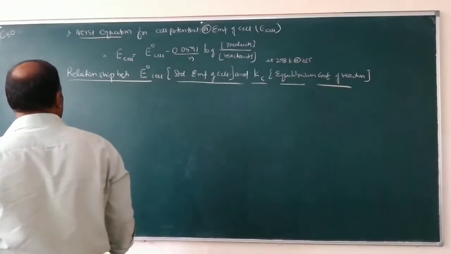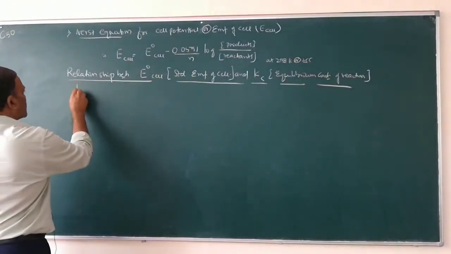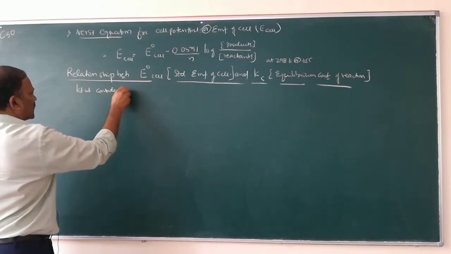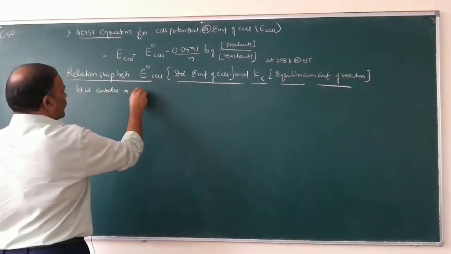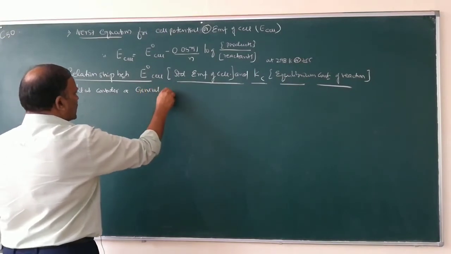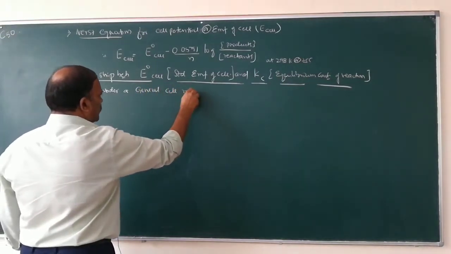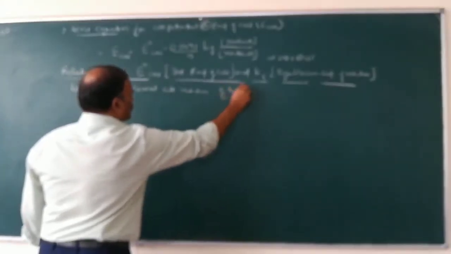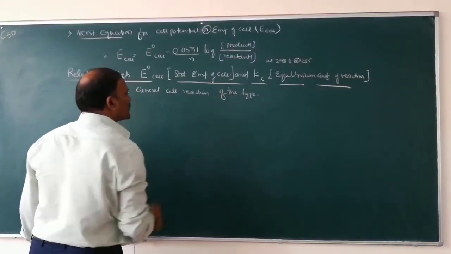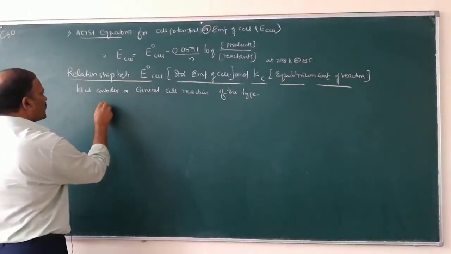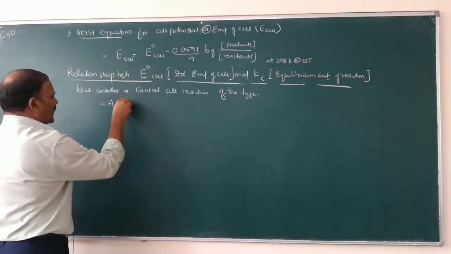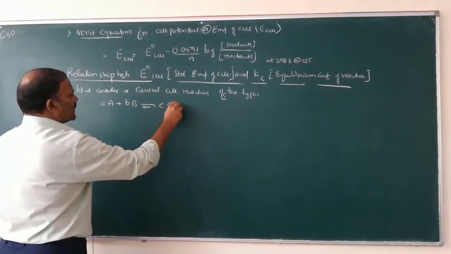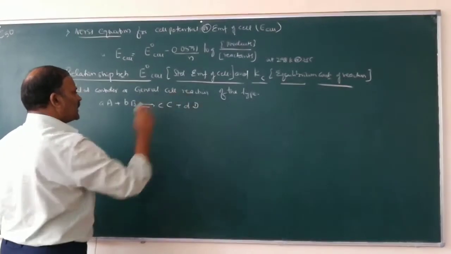So let us consider a general cell reaction of the type aA plus bB gives cC plus dD.